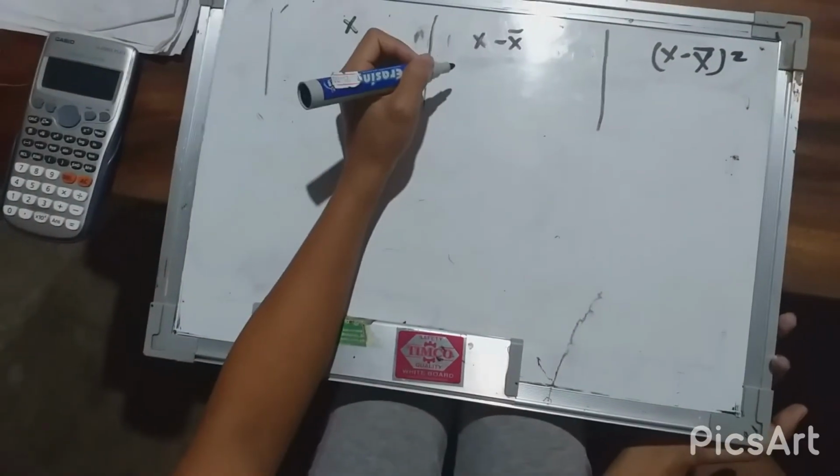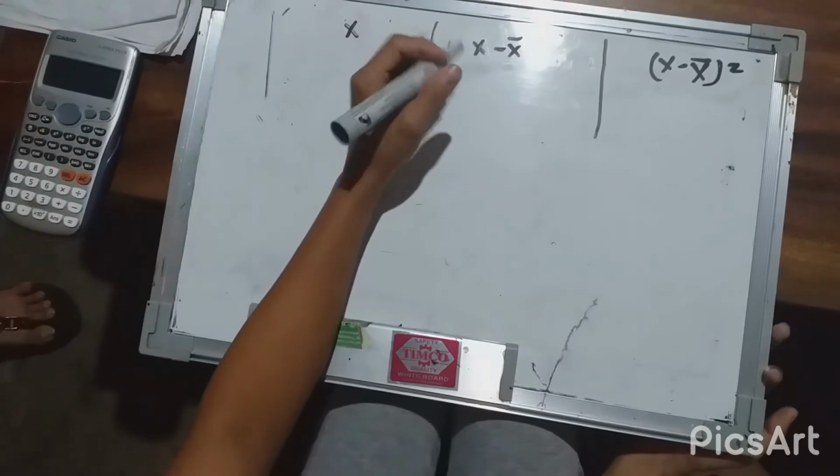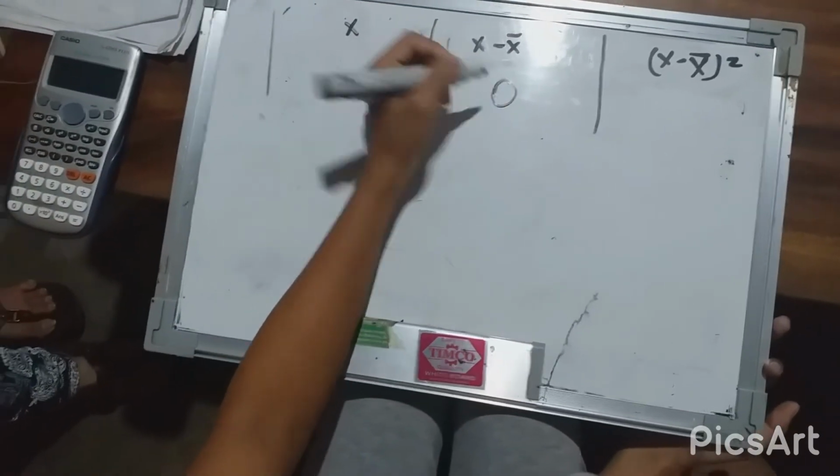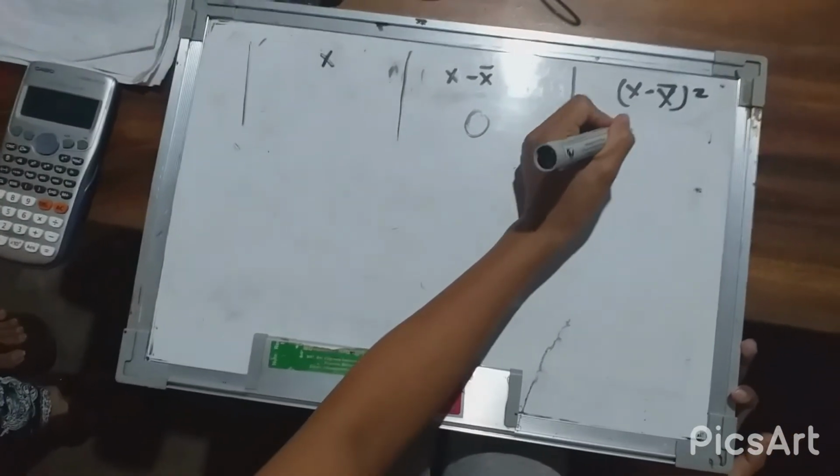The total of the second column, the deviations, is equal to 0, and the total of the third column, the squared deviations, is equal to 73.6.